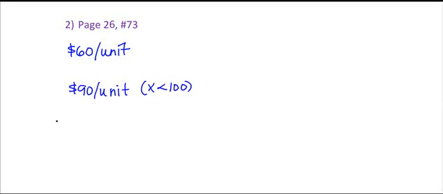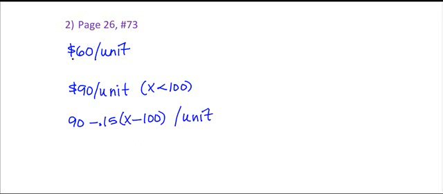But for orders that were greater than 100, he reduced the charge by 15 cents for everything over 100. So that was the charge per unit here.